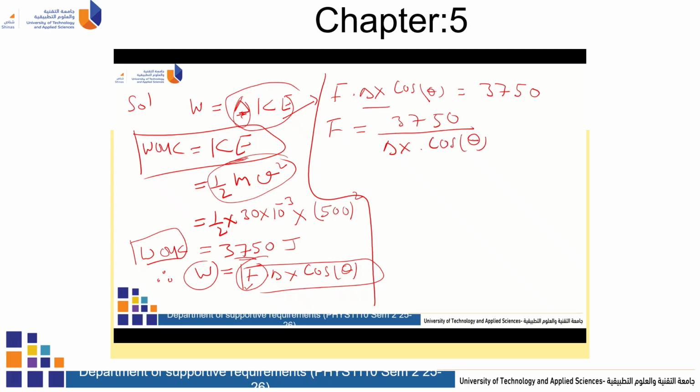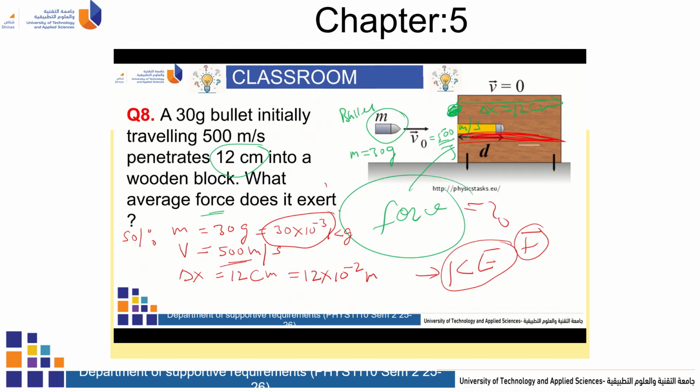So what is the value of theta? We need to check the direction of the force and the direction of the displacement of the bullet. If I go back to the figure, this is the bullet, and this is the direction of the displacement.